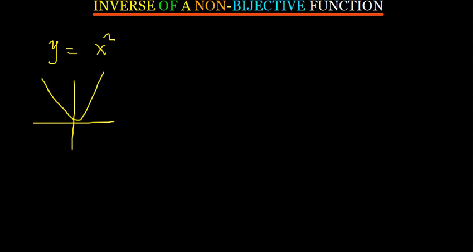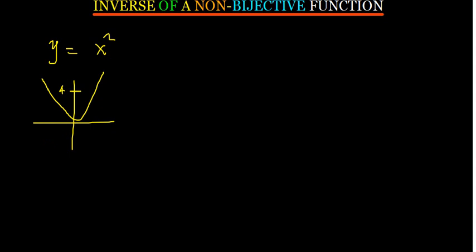You can see that if you have got a y value, let's say you have got 4, you are going to have two x values, maybe let's say positive 2 and negative 2. Because you have got two x values for the same y value, this is not a one-to-one function. Because it is not one-to-one, it is not injective. And if it is not injective, then it can't be bijective. So this is the one we want to find the inverse for.